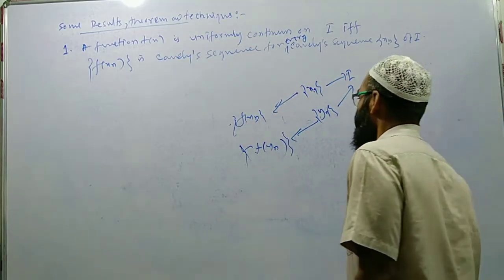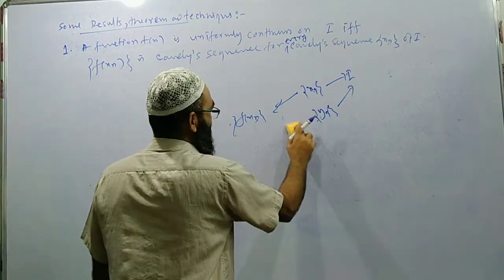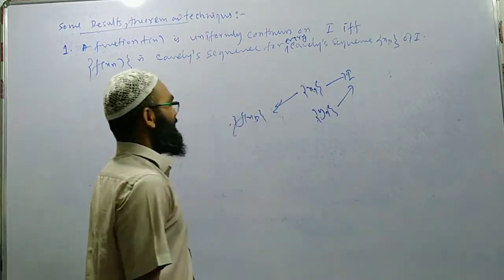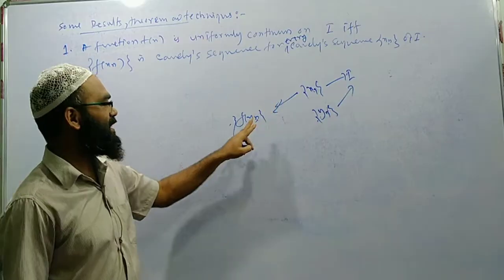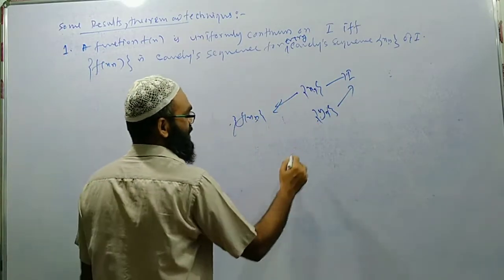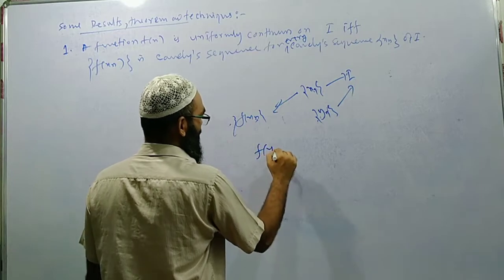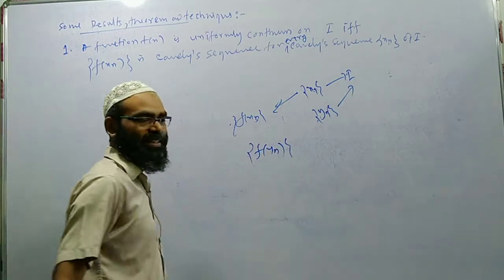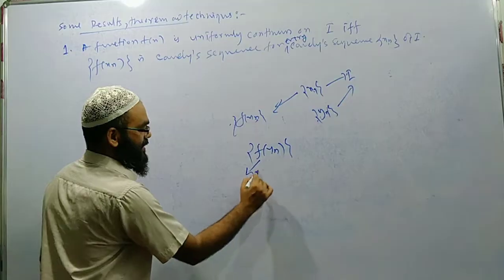If xn is a Cauchy sequence and f(xn) is also a Cauchy sequence, yn is a Cauchy sequence, but the sequence f(yn) is divergent.